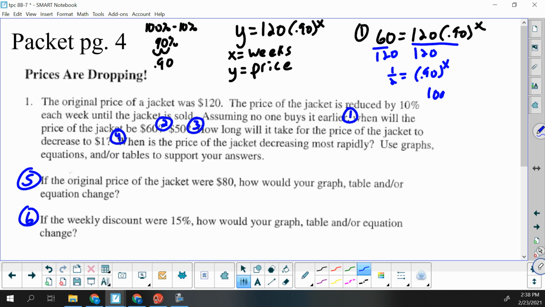The base of the log is the same as the base of the exponent, so log base 0.90 of a half equals x. When we put that in, we get x is equal to 6.57.